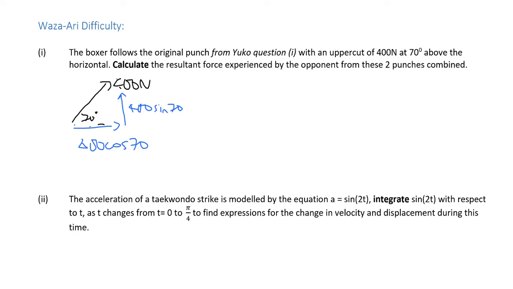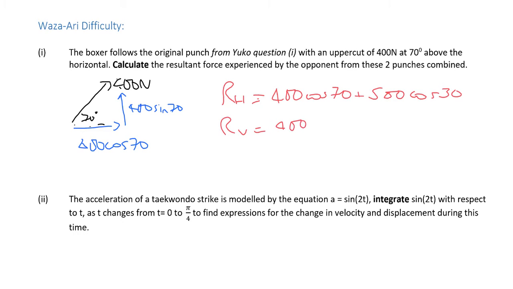So when we think about calculating the overall horizontal component of the resultant, it's going to be the sum of the two horizontal ones. So it's going to be this one, 400 cosine 70, plus the original one, which was 500 cosine 30. The vertical component of the resultant is going to be the sum of the two vertical components, like this.